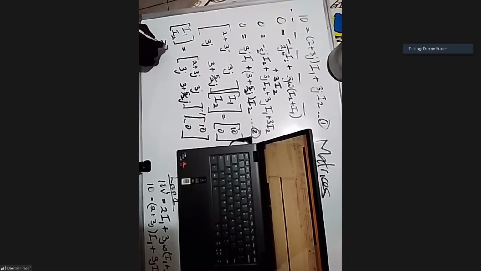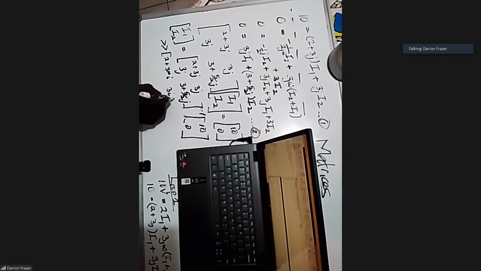Two arrows, square bracket, 2 plus 3j, 3i, MATLAB doesn't recognize j, so 3 times i, semicolon, 3 times i, 3 plus 5 slash 2.